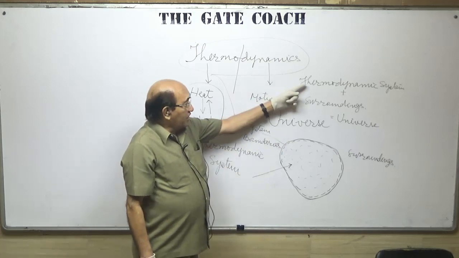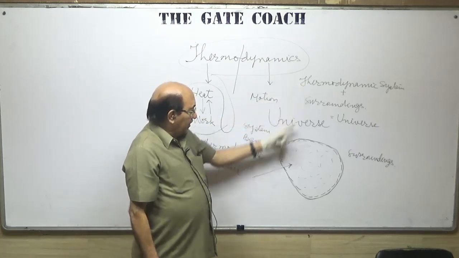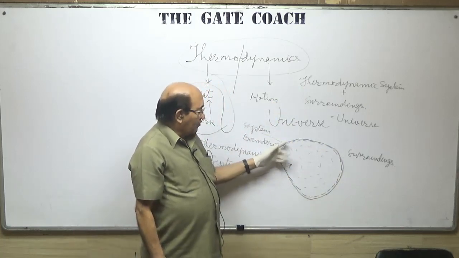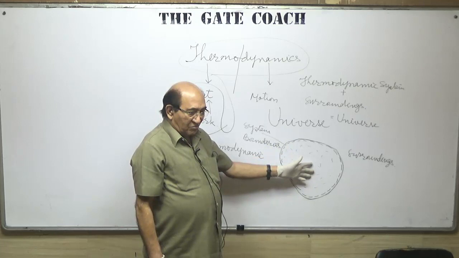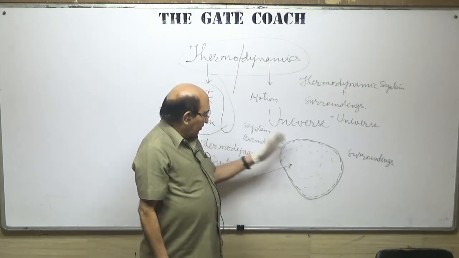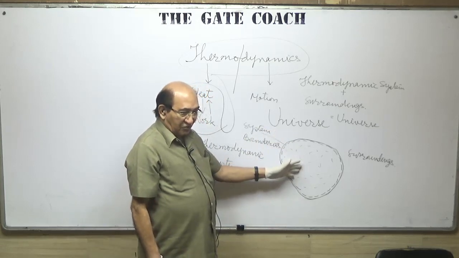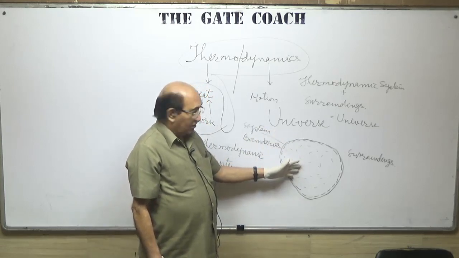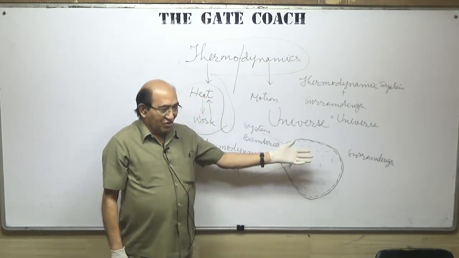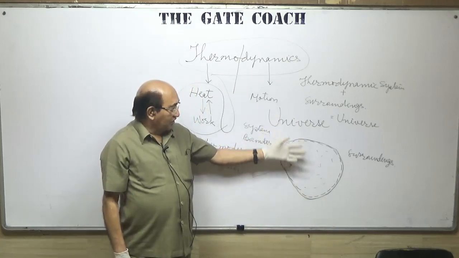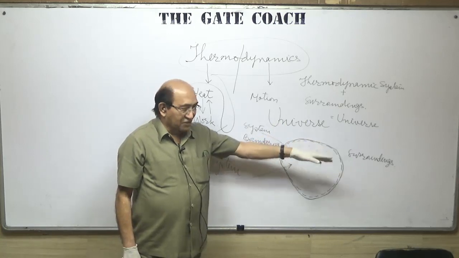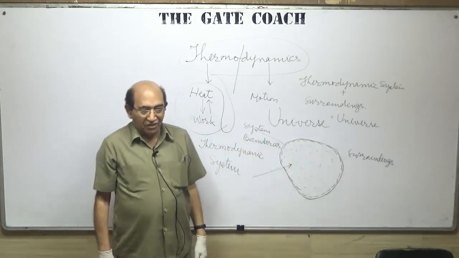Hence, thermodynamic system is defined as any region in space occupying some volume, possessing some mass, upon which all our attentions are focused. That should be called as our system. And then surrounding becomes very simple. Out of the universe, this is our concentration, and everything external to our system shall become the surroundings.